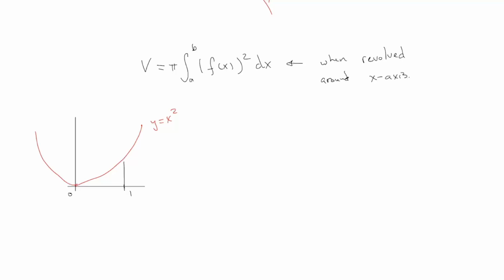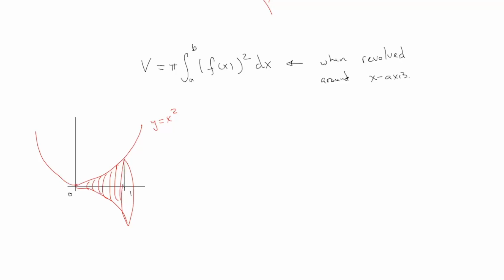So the shape that I'm talking about would be something like this. It's like a little bugle or something. All right, a pointy hat, perhaps. I want the volume of that shape.